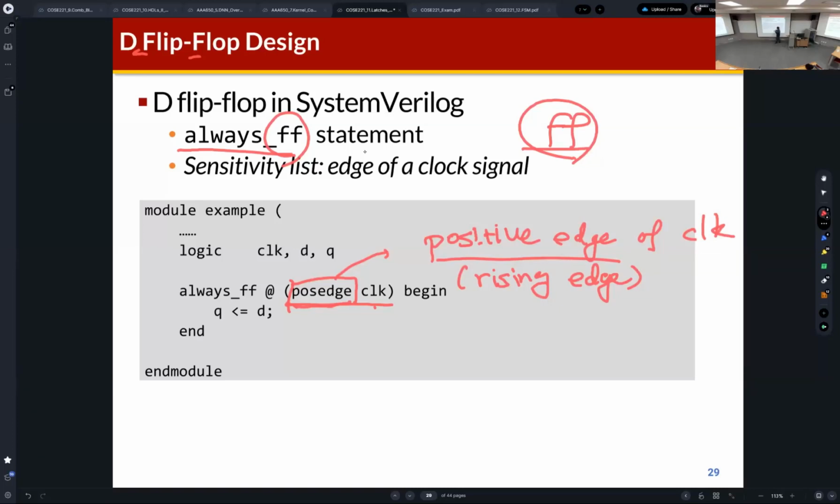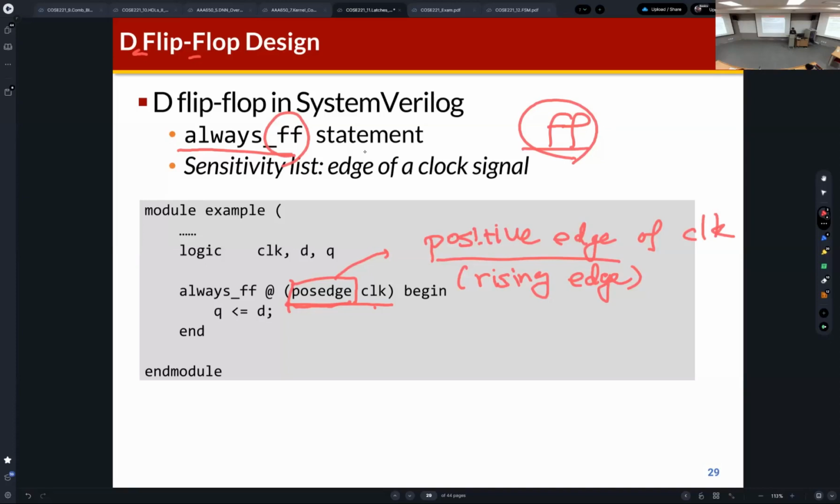So what does that mean? We use always_ff, which means a flip-flop, and the sensitivity list is the positive edge of clock, which means at the rising edge of the clock, right? Then this is executed.